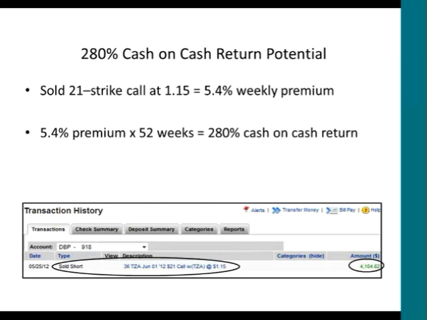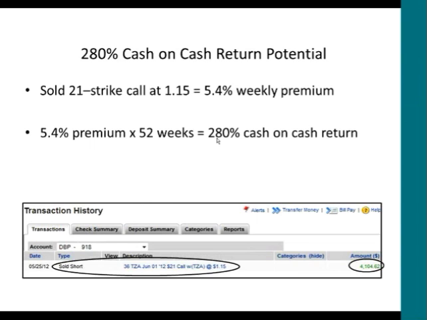This is the TZA, the short small cap ETF, and I sold the 21 strike call at 1.15. Now that worked out to be a 5.4% weekly premium. So if you did that every week, you're talking over 200% cash-on-cash return over the course of a year. Of course, these leveraged ETFs are more volatile, but you can collect a lot of time premium with these.